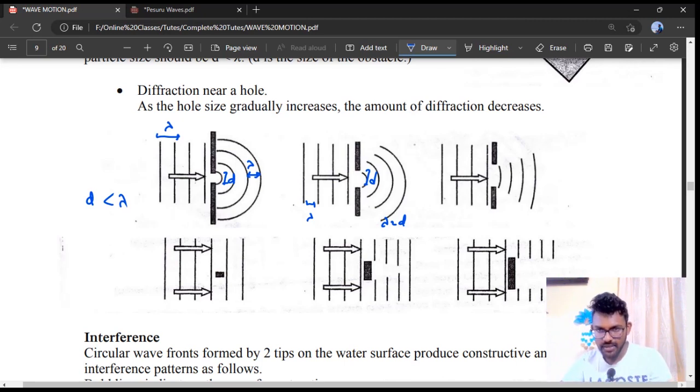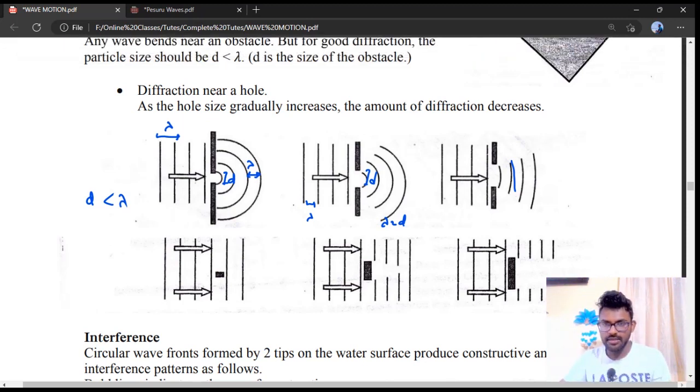You can see that it's not going perfectly in a straight line. Even though you have sufficient space to go, the two ends of these wavefronts, the upper end and the lower end, tend to bend a little bit towards the wall, or towards an obstacle.